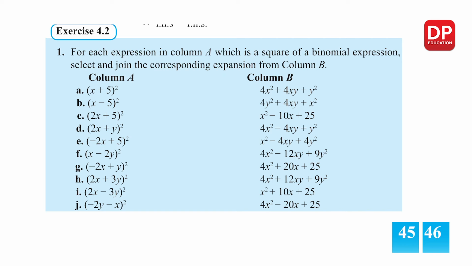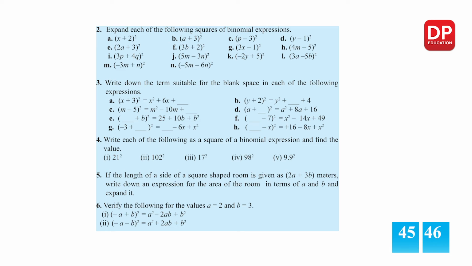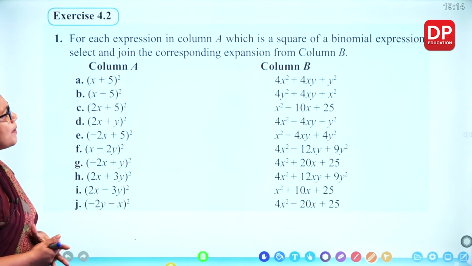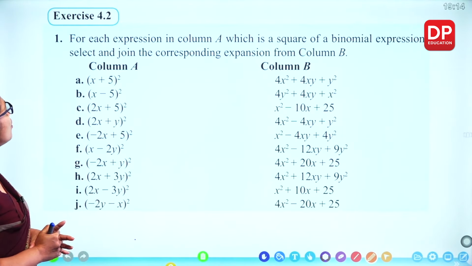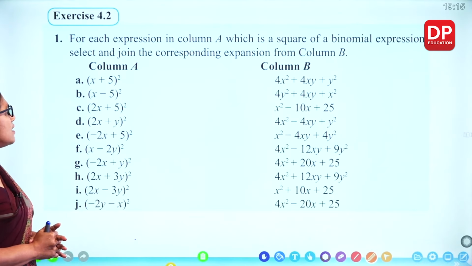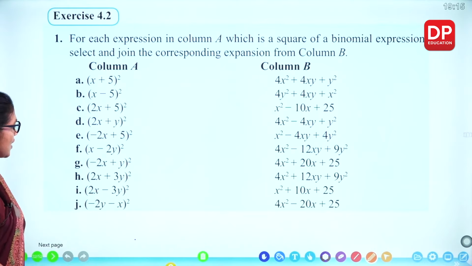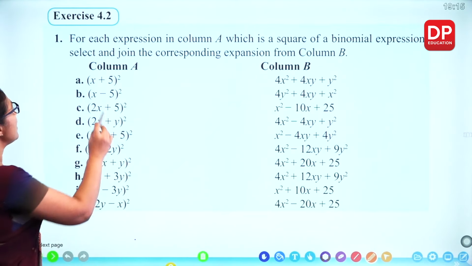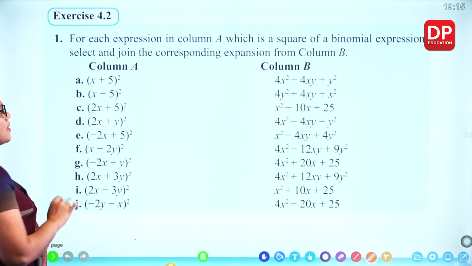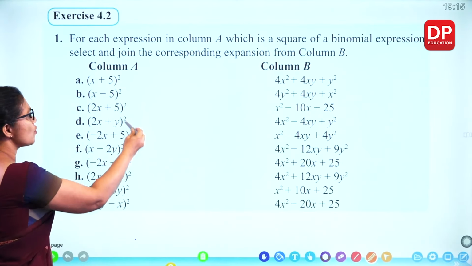Now we'll look at exercise 4.2 in your textbook. In the first question, you are given column A and column B and asked to join the corresponding expansions. When you look at the left side, we need to check the first term and the last term. All these are square terms.